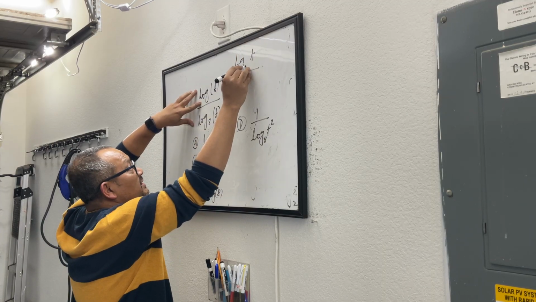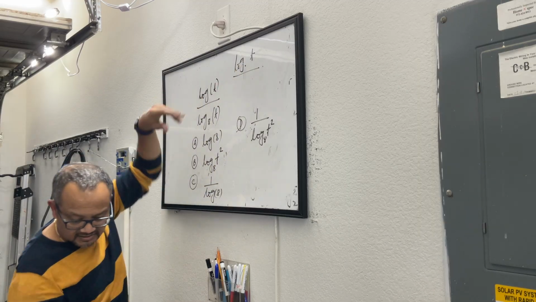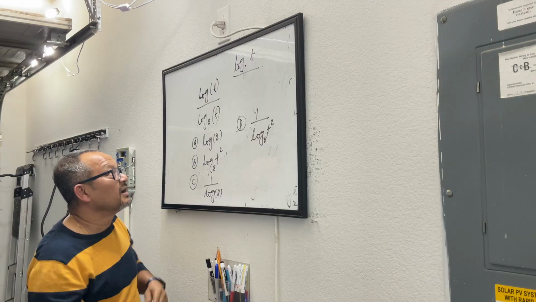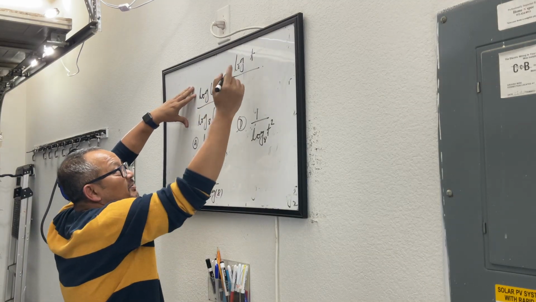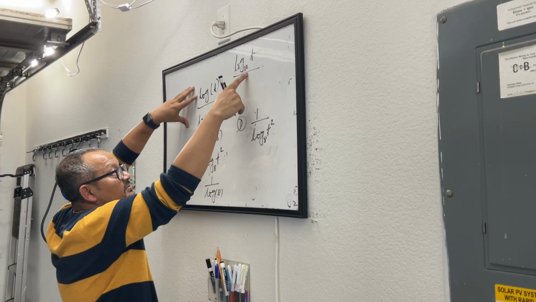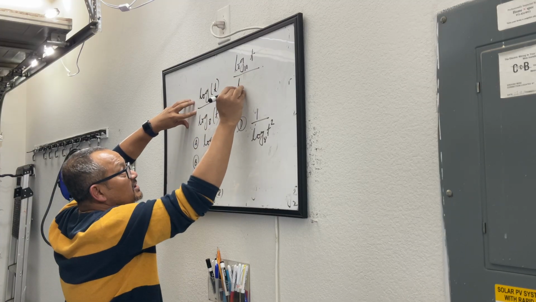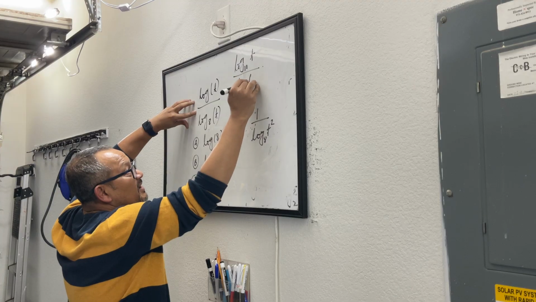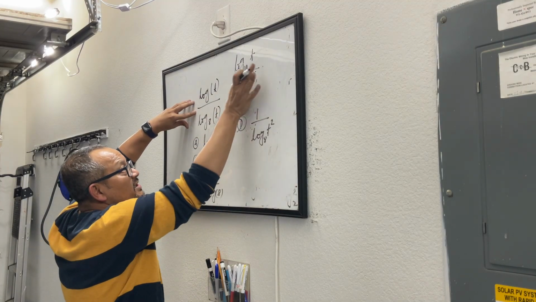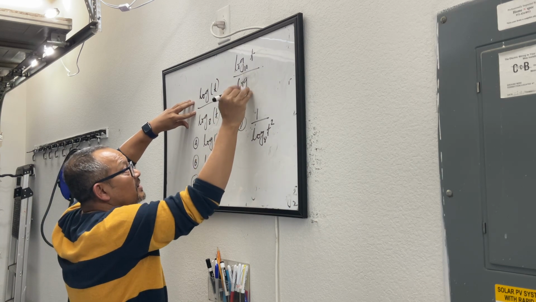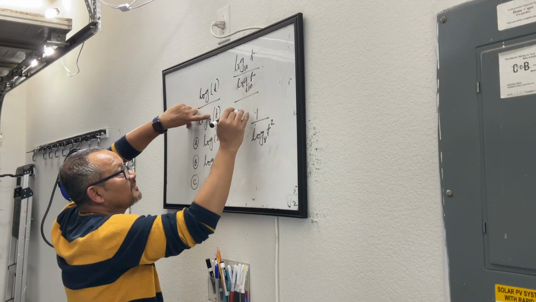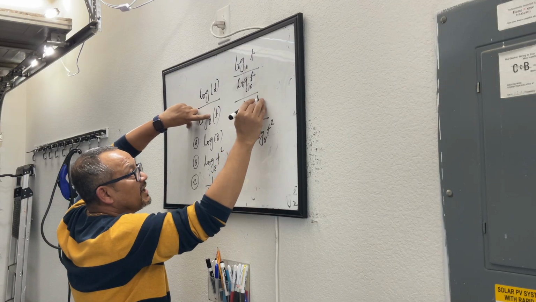When you don't have anything in the base, you can use 10. So log of t base 8 you can convert into log of t base 10 divided by log of 8 base 10.